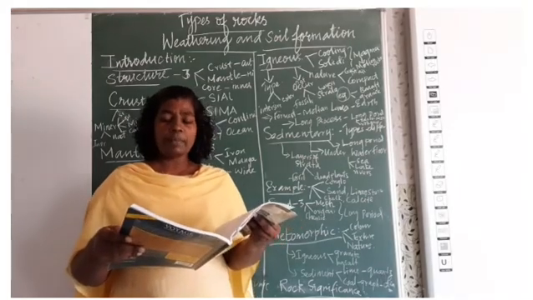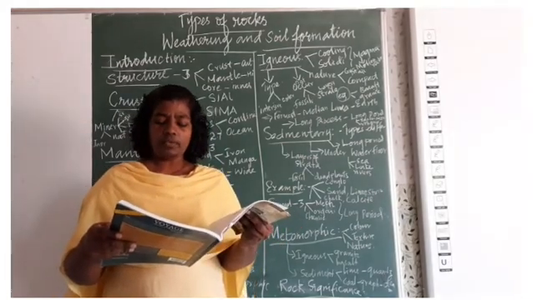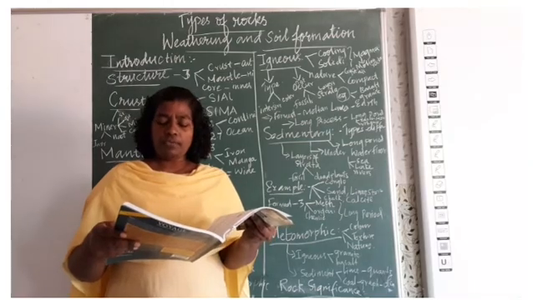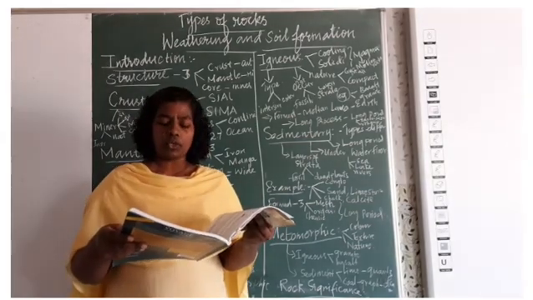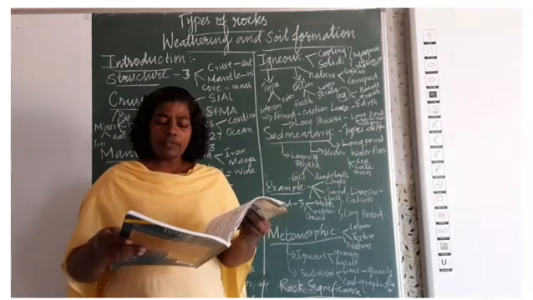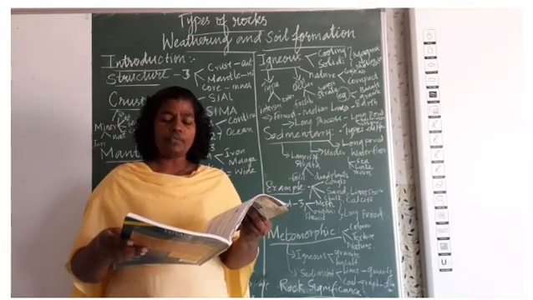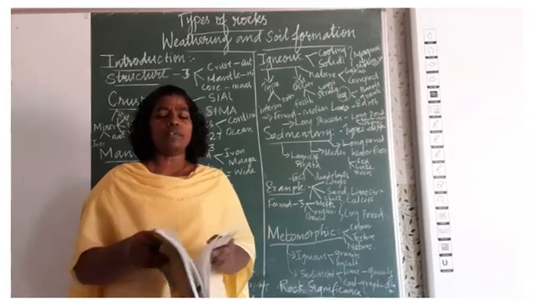Section D, first one page 53 and 54, second one page 54. Second question, it can be like a differentiate also. And the third one 54, fourth one 54, fifth one 55, and the sixth one also 55.